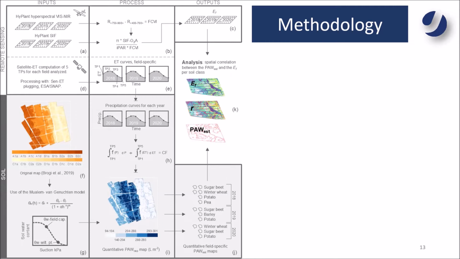The problem at this point was that we had this numerical information from the soil, but we had only one single map. Then we needed 3 maps, one for each year, that could be compared with each individual yearly map of fluorescence.